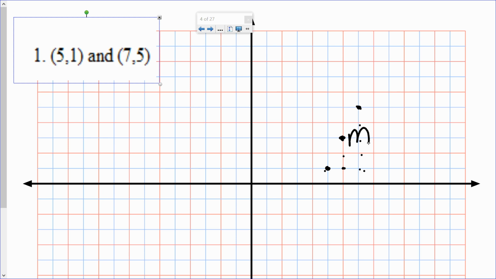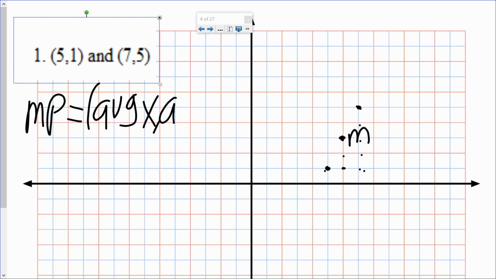Now, to find a value directly in between two other values, that's called the average. And to find the average of two numbers, we add them up and we divide by 2. So that's where the midpoint formula comes from. The midpoint formula is the average of the x values, comma, the average of the y values.